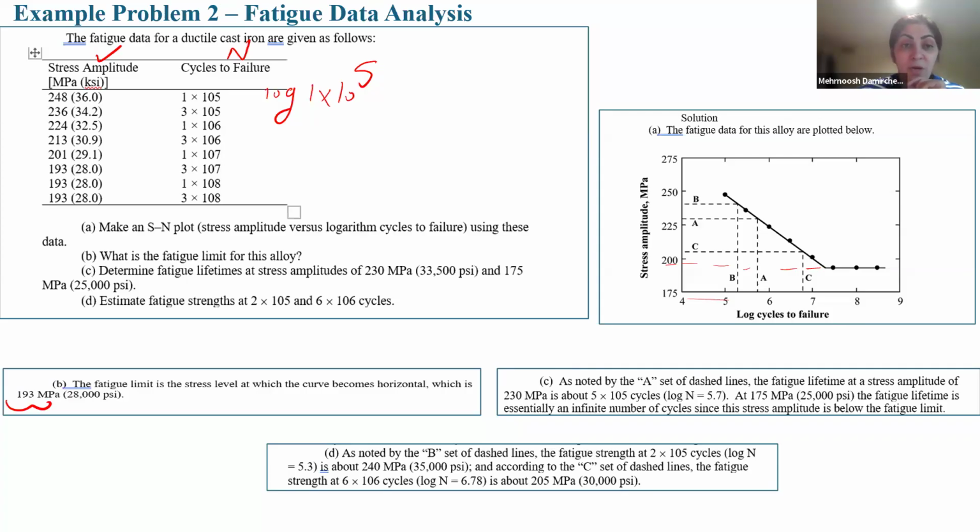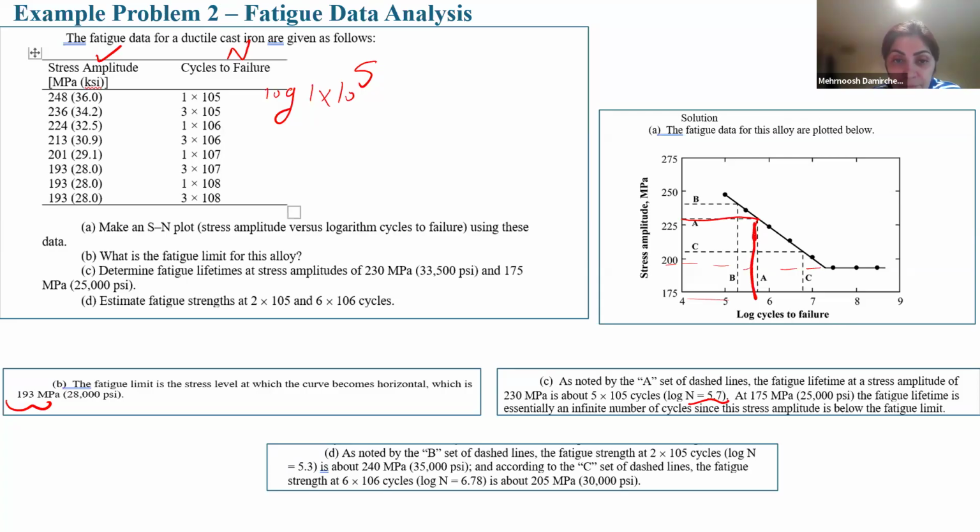Part C: determine the fatigue lifetime at a stress amplitude of 230 megapascals. 230 megapascals should be this point, point A. We read the N related to A, and this should be 5 times 10 to the 5 cycles, or log of N 5.7.